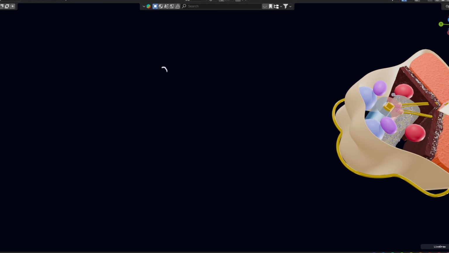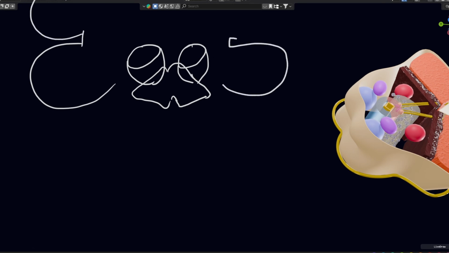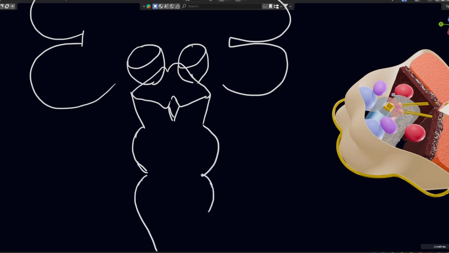So let's draw the auditory pathway quickly. This is the midbrain, right? Then let's draw the thalamus as well, and of course let's draw the cerebral cortex as well. So midbrain, interpeduncular fossa, pons, and then we have the medulla, right?